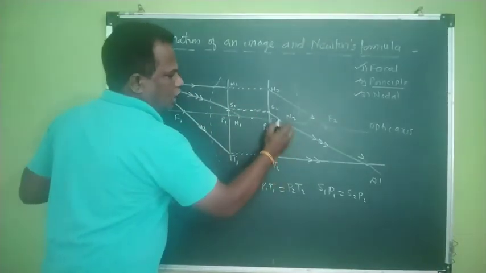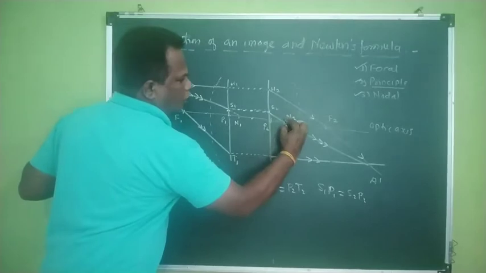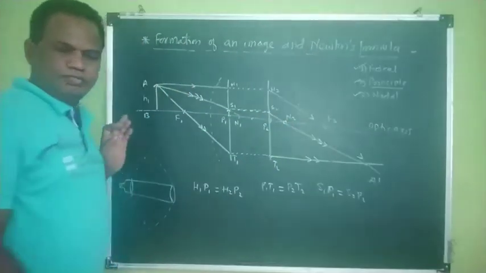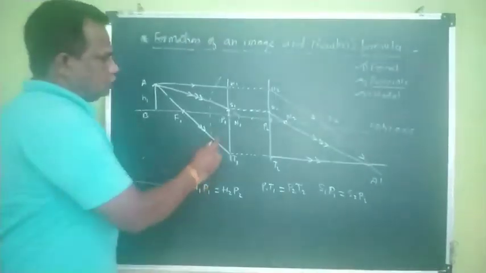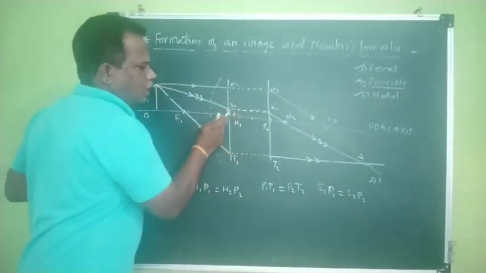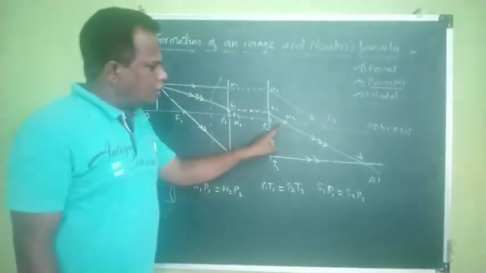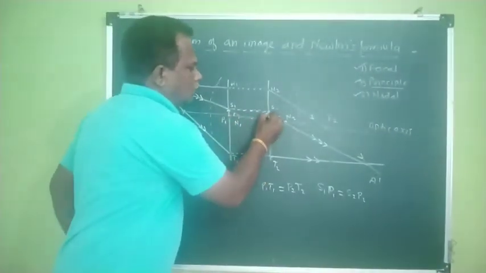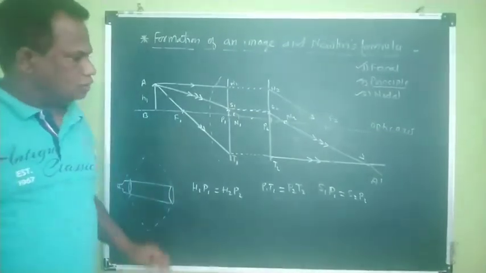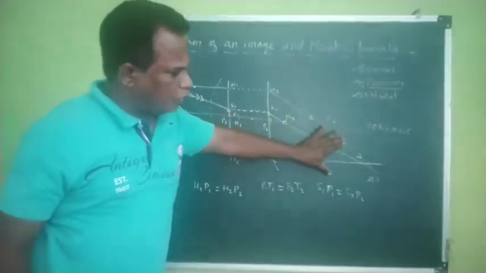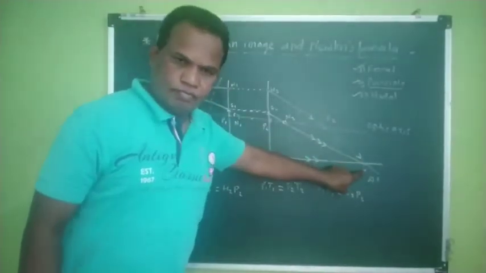When you put your eye here, then you will observe the image of this object. So that means this is the angle made by the object, and this is the angle made by the image. Now these three rays meet at point A dash.